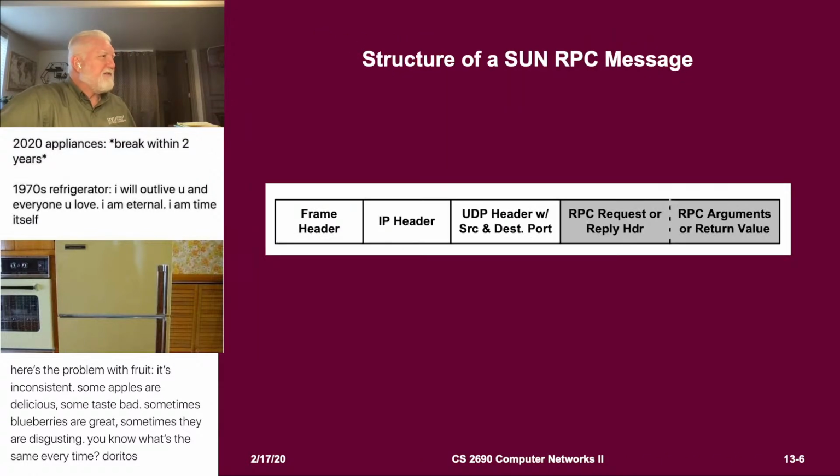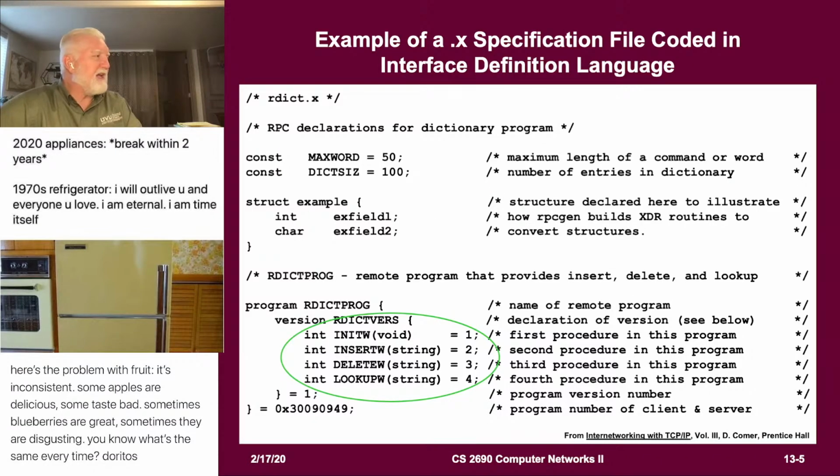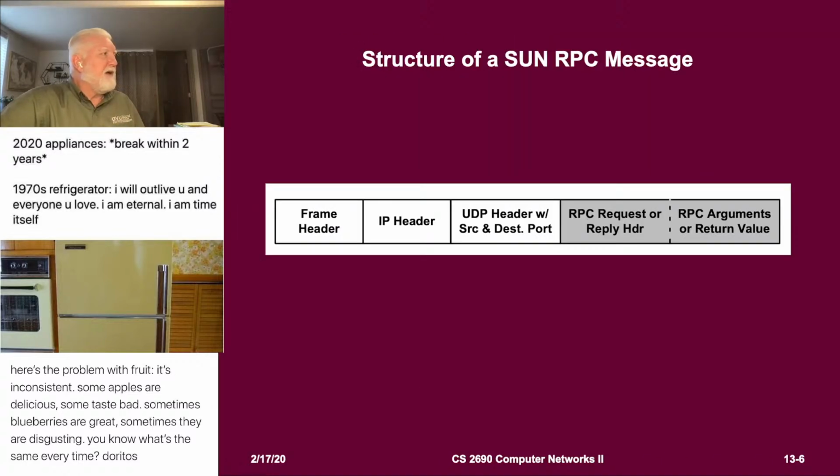The rest of this, I don't know how much I care. I don't think we're going to do any of this, and I don't think that you need that. This then just gives you an example of some RPC messaging, where you've got a normal frame header, IP header, and UDP header with source and destination ports.